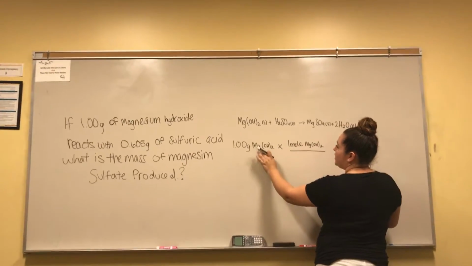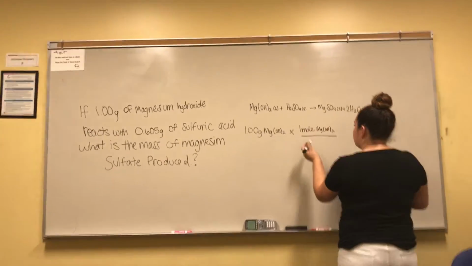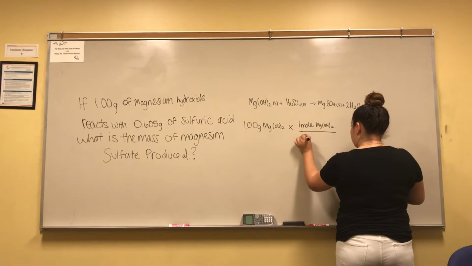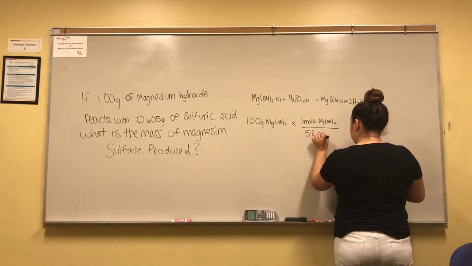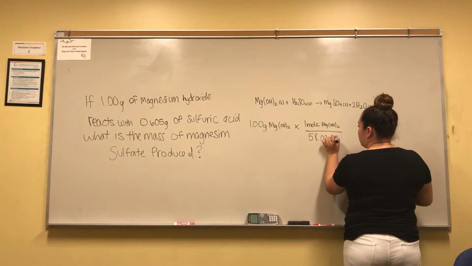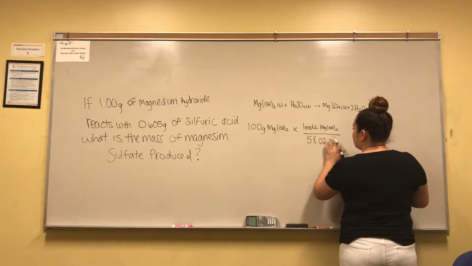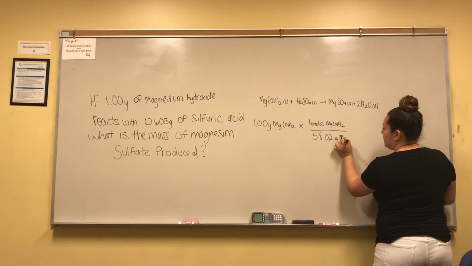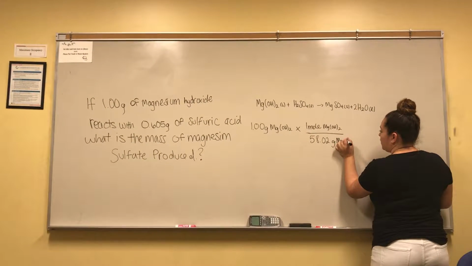Your molar mass for magnesium hydroxide is 58.02, so you would put 58.02 grams of magnesium hydroxide.